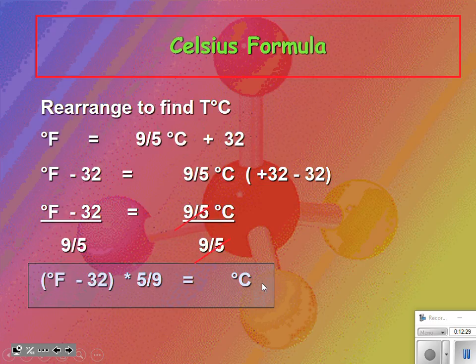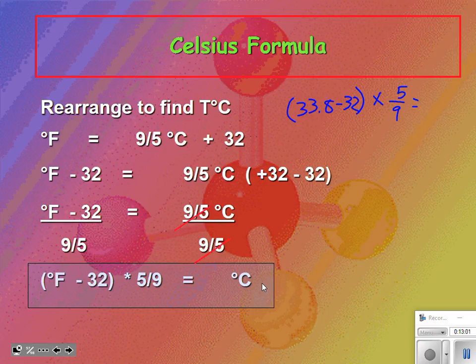And I'm going to show you the different ways. Now, we just did 33.8, and we know that's 1 degree Celsius, right? So let's do 33.8. Parentheses, 33.8 minus 32, and multiply that by 5/9.